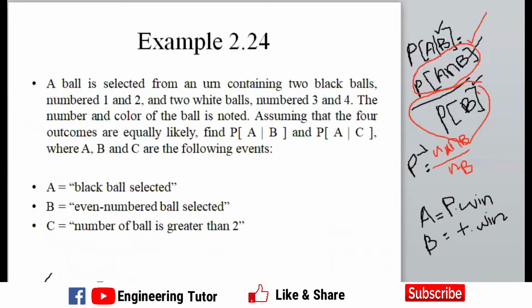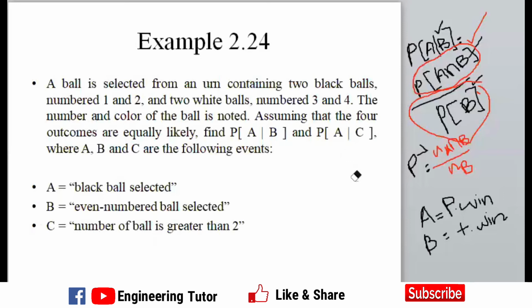Okay, this is the example which we have done in our class. Let me do it again. A ball is selected from an urn containing two black balls, numbered 1 and 2, and two white balls numbered 3 and 4. A basket or urn has two black balls over which the numbers 1 and 2 are printed, and two white balls over which the numbers 3 and 4 are printed.